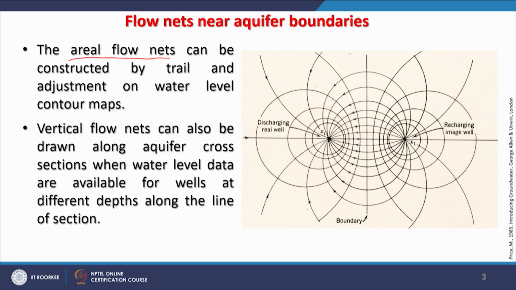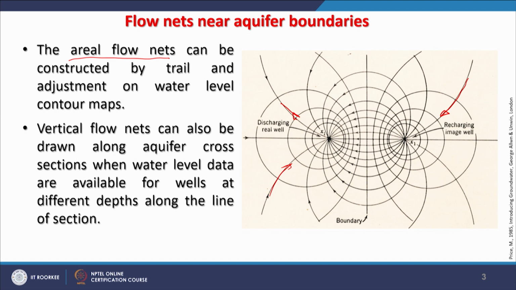Like here you can see that these recharge lines are going away from the well, whereas these flow lines are coming towards the well, because the water will rush towards the well. So, they will be converging towards the well in case of a discharge well, and these contours are representing, of course, equal levels of water level, equal heights of water level.